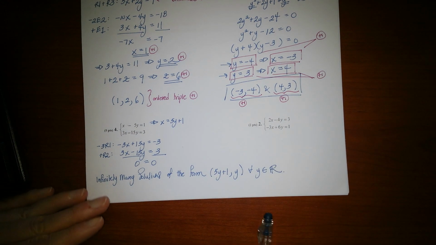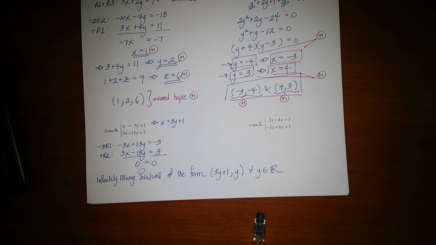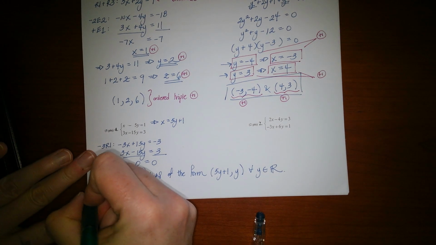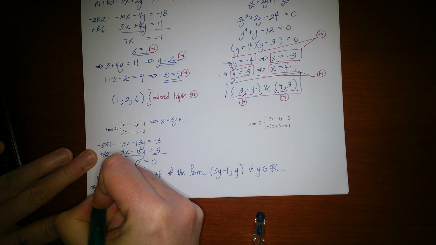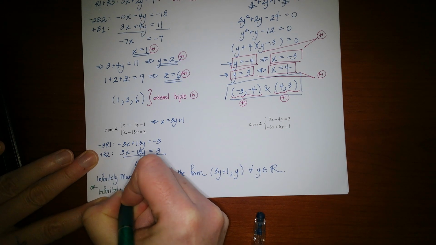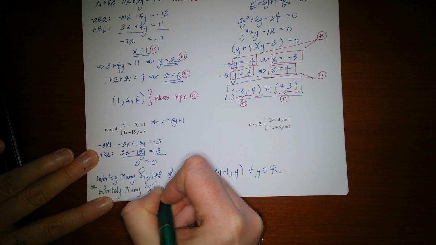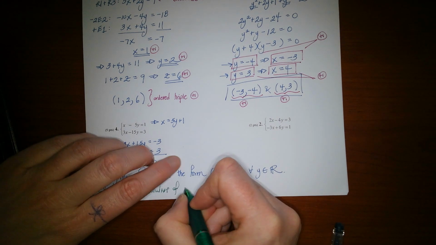Okay? Now, another way to have written your answer could have been, find another pen that's a good color. You also could have said, we'll say or, infinitely many solutions of the form.